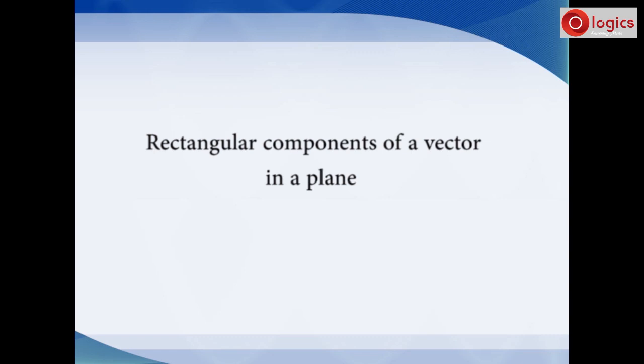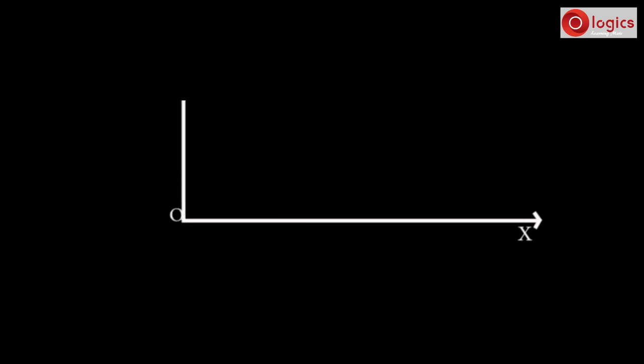Let's see how to add vectors in a coordinate system. This is point O. This is the x-axis, and this is the y-axis. Let i bar be the unit vector along the x-axis. Let j bar be the unit vector along the y-axis.